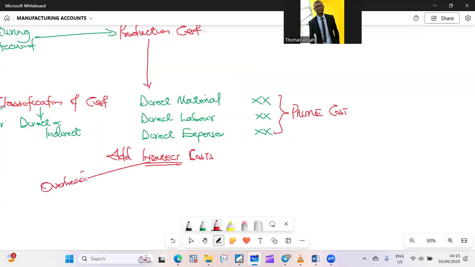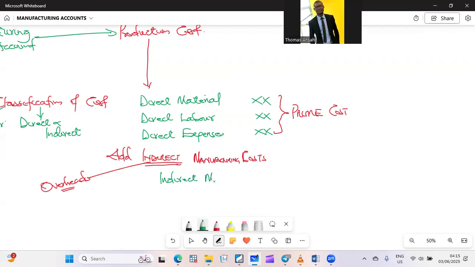So the indirect manufacturing cost, what we call the manufacturing overheads, can also be classified as indirect.